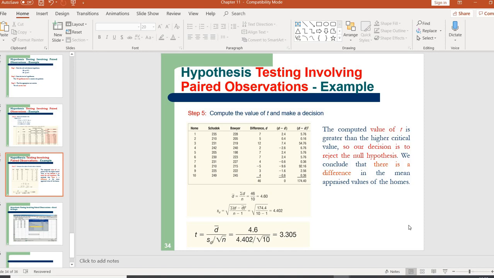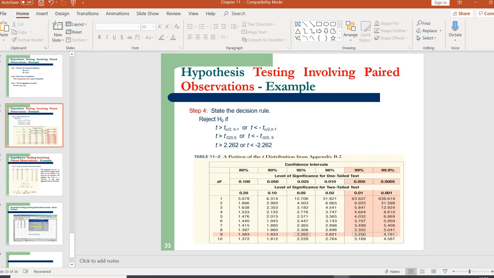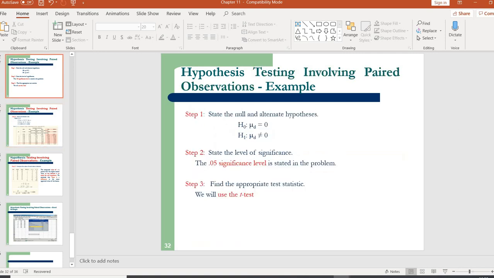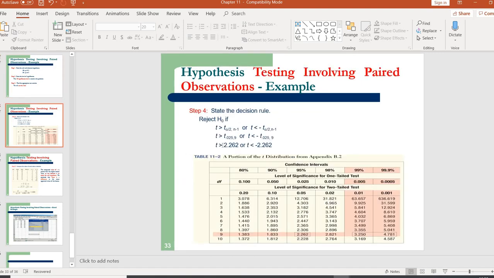Now we can also go and find the critical value, which is obtained by taking t alpha divided by 2, with n minus 1 degrees of freedom. Remember here the level of significance is 0.05. If you divide it by 2, it will be 0.025. That's what you have here, t of 0.025, and the degree of freedom will be n minus 1. N is 10, minus 1 is 9.